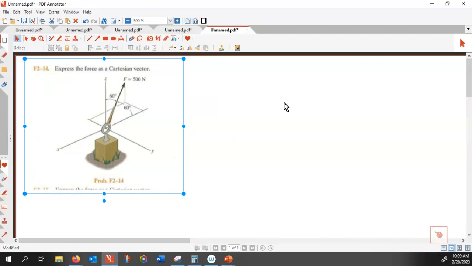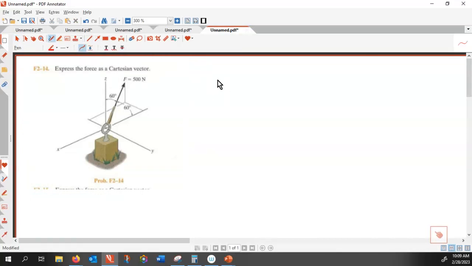Here I want to express that force as a Cartesian vector, and the magnitude of the force is 500, but only two angles are given. These are the angle with the z-axis and the angle with the x-axis, and the angle with the y is not given.